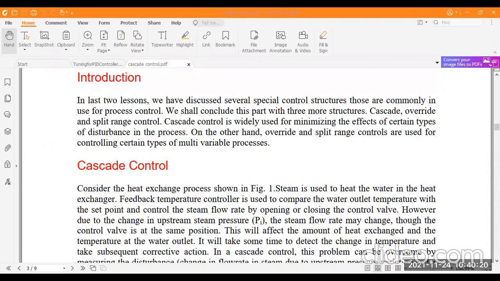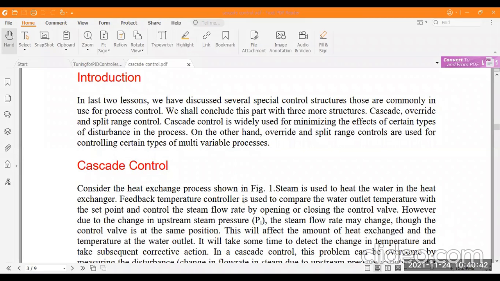In this lesson, we will discuss several special control structures. These are commonly used in our process control industries. We shall cover three major structures: first, cascade control systems; then feed forward control systems; and third, ratio control systems.